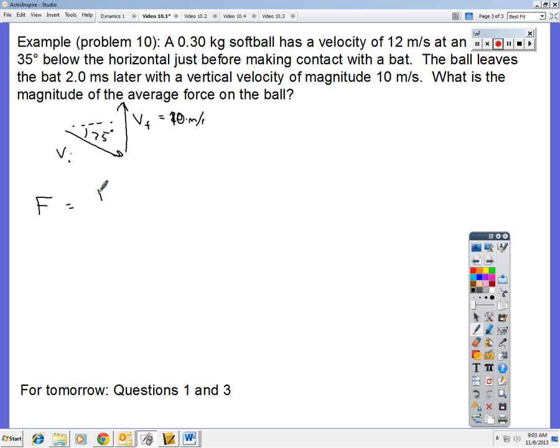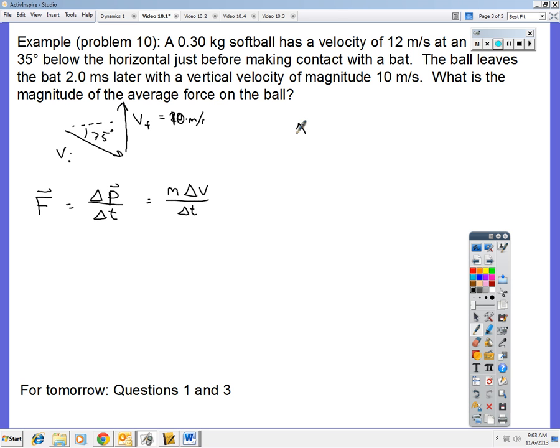Once again, we'll say force equals delta p over delta t, with delta t being 2 milliseconds. For delta p, that's m delta v. Now we need to find the delta v of the ball.